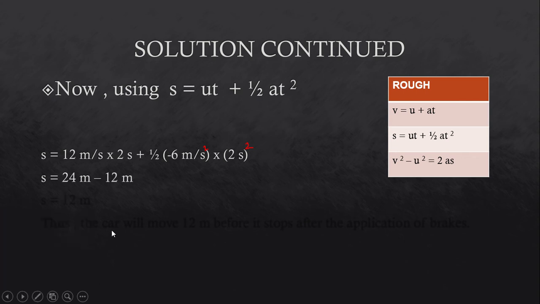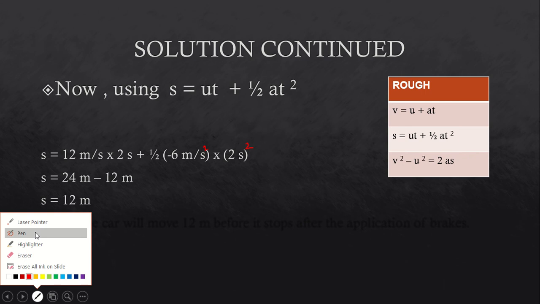So let us see. 12 multiplied by 2 gives you 24 meter, and here half multiplied by -6 multiplied by 2 square. 2 square is 4. So this 4 and this 2 get cancelled. So finally you are left with -6 multiplied by 2, and when you solve it you will find -12 meter. So 24 meter minus 12 meter gives you 12 meter. So this is your final answer.